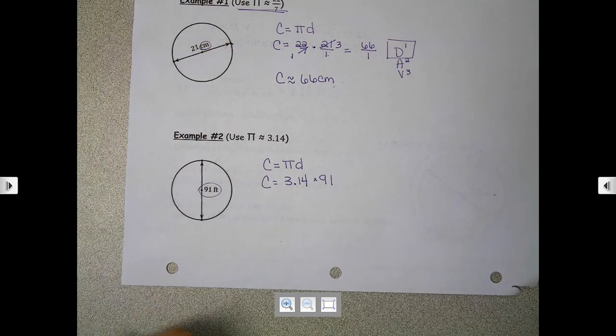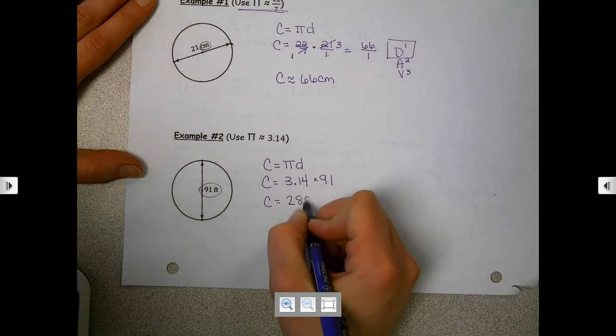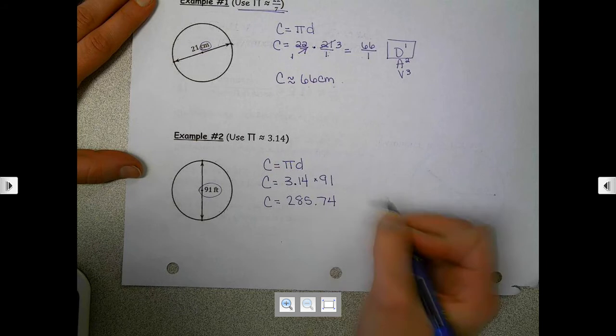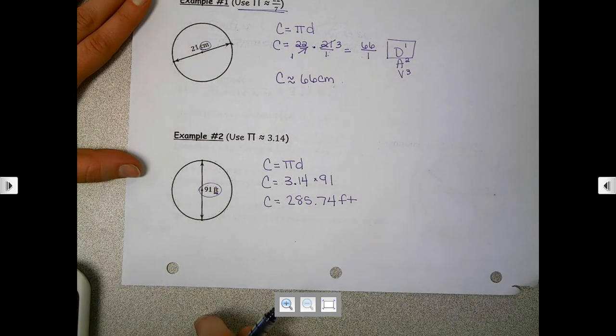Okay, if I go ahead, and at this point, I will allow you guys to use calculators. We're going to put in 3.14 times 91, and I get a circumference of 285.74. Make sure we put our units, feet.